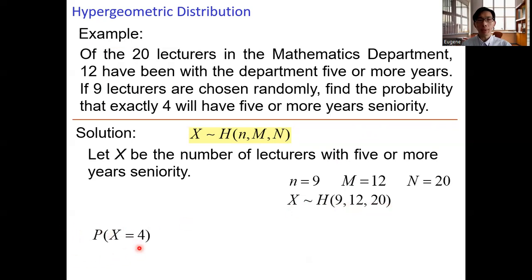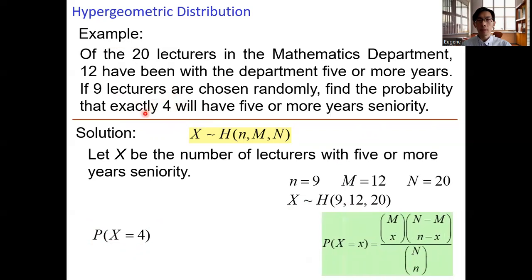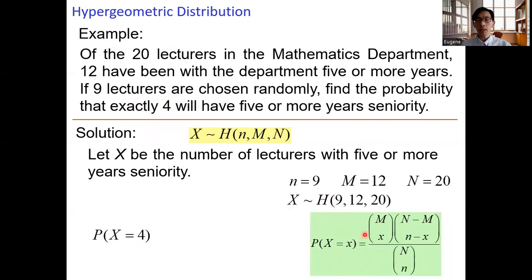We want to get the probability that X equals 4. Exactly 4 will have 5 or more years seniority. Plug the numbers into the PMF.